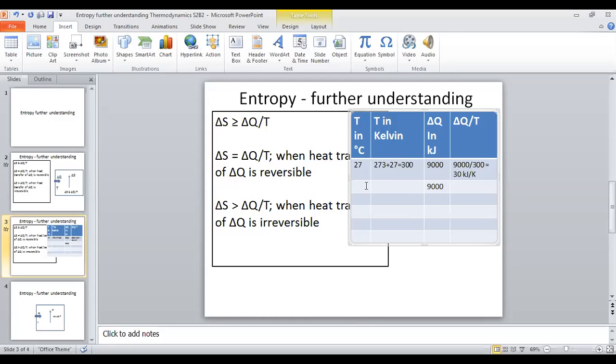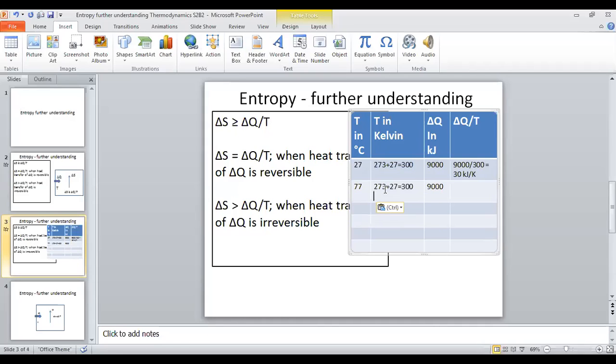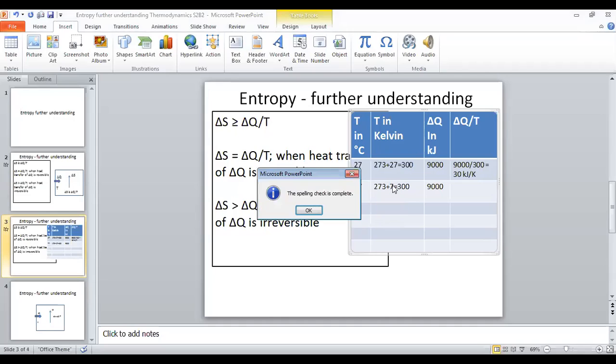The temperature I will take as 77 degrees Celsius, so T in Kelvin is 273 plus 77, which is 350.